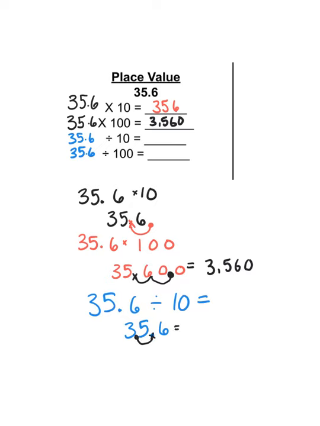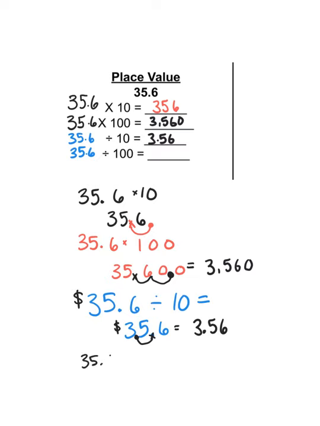So if we are imagining that this is money, everybody's going to get $3.56 when we share it amongst our 10 friends. So 3 and 56 hundredths is how you would write that without the dollar sign.